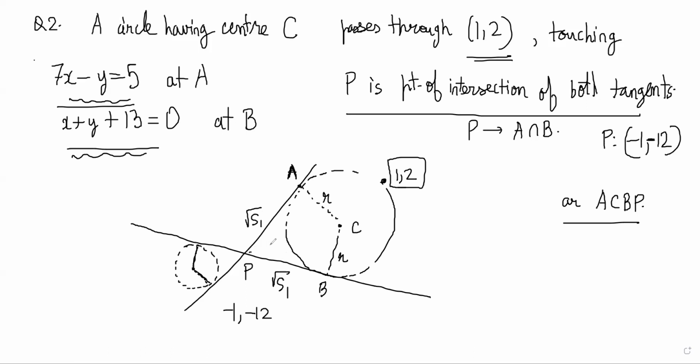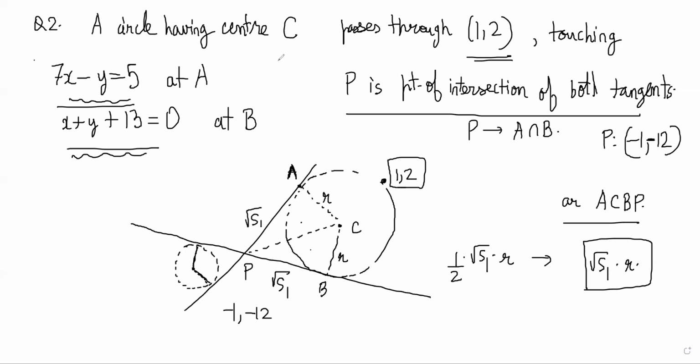The area of ACBP is twice the area of these triangles, which are congruent. So half into root S1 into R is the area of this triangle. So the area of this quadrilateral is root S1 into R.